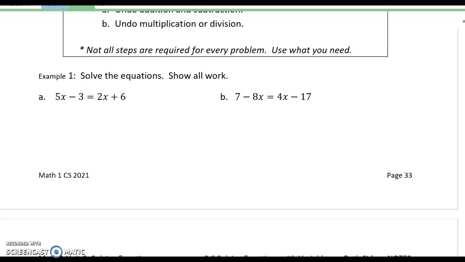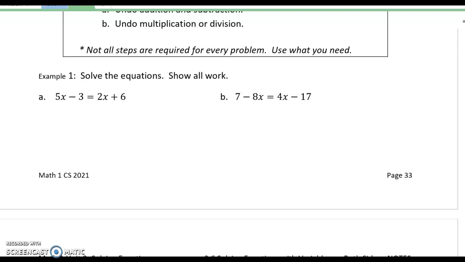Clearing out fractions? Well, there aren't any. Simplifying each side of the equal sign? Well, on the left side, it's just 5x minus 3. There's nothing to distribute and no like terms to combine. The right side, 2x plus 6. Again, nothing to distribute, no like terms there.